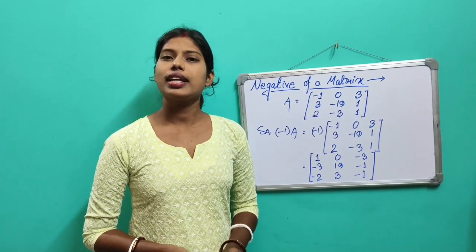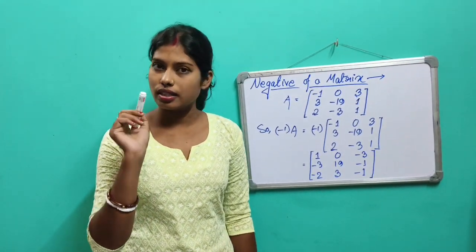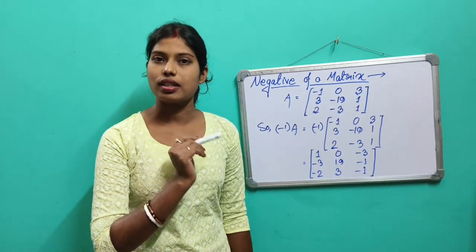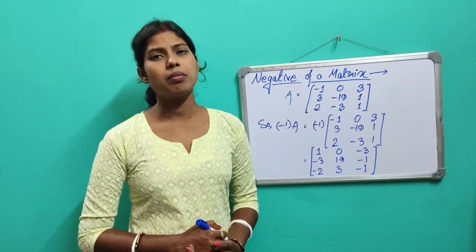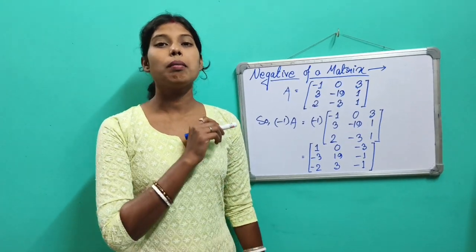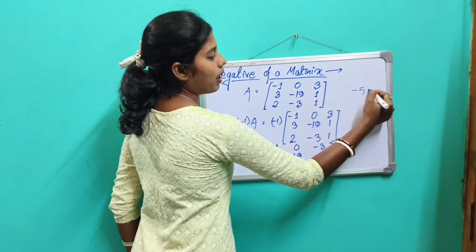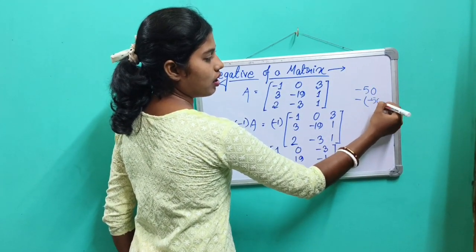If we take the negative of 10, you will say minus 10, right? Minus 10 is the negative of the number plus 10. Now if I ask you what is the negative of the number minus 50, you will say that the negative of minus 50 is minus of minus 50, right?